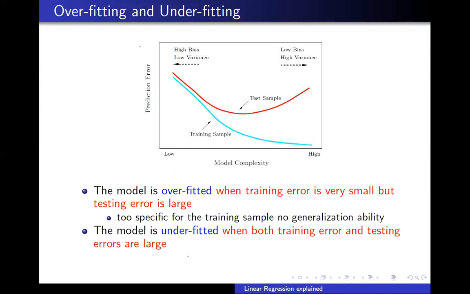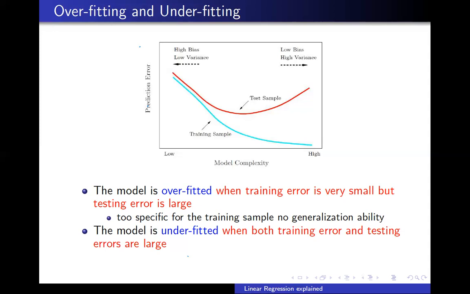The model is typically underfitted when both training and testing errors are large. Here you have pretty high bias, in the sense that, if the actual input-output relationship is nonlinear and your model is linear, then the linear model may not be powerful enough to capture the nonlinearity. In that case, you are going to have a very high bias, because your conditional expected values are going to be very different from the true values.